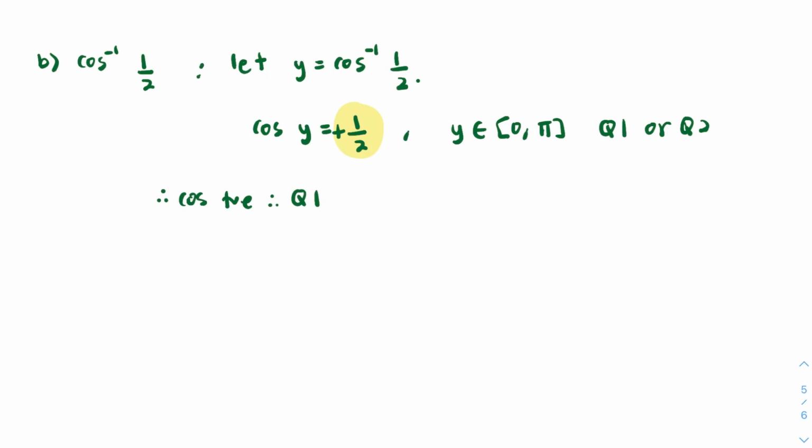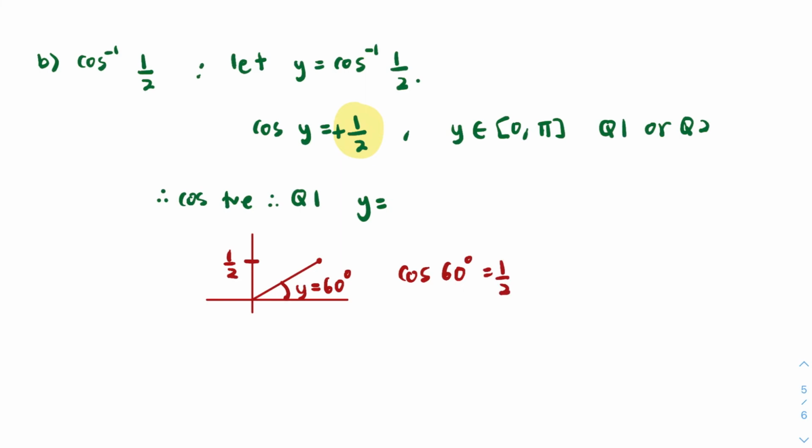So your answer y, now if you draw your graph a bit, this would be at quadrant 1. So what is the angle of y that will give you half over here? The angle of 60 degrees. So you have a 60 degrees angle, you should say that cosine 60 degrees will give you half.